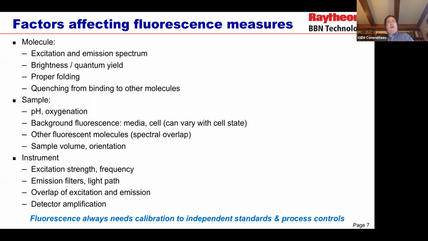Similarly, your instrument itself, the strength of your light can often be varied, the frequency, what filters are in the emission, etc. All of this basically says, in order to effectively interpret what a fluorescence number means, we absolutely have to use some sort of independent calibrant, which we'll show how to do later on.